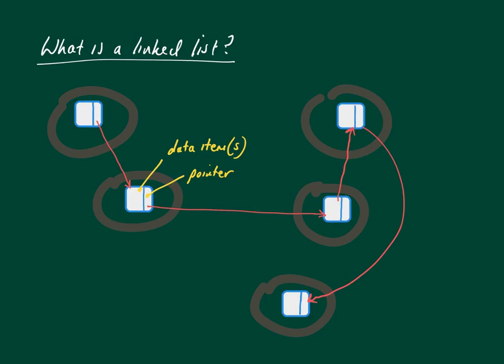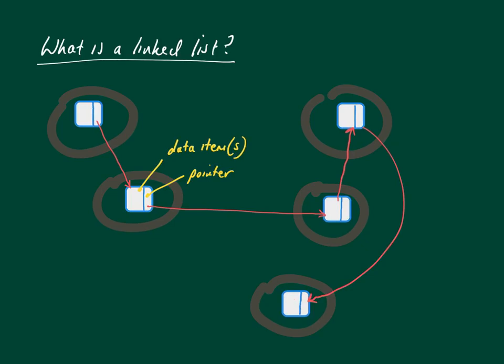So each node contains its data item or data items, and a pointer which links to the next node, which has data items and a pointer which links to the next node, and so on until it gets to the end.